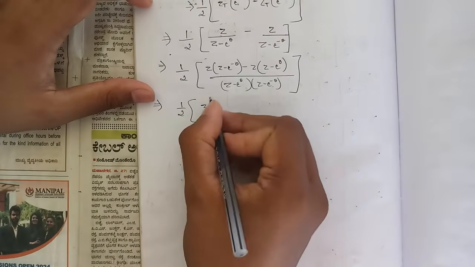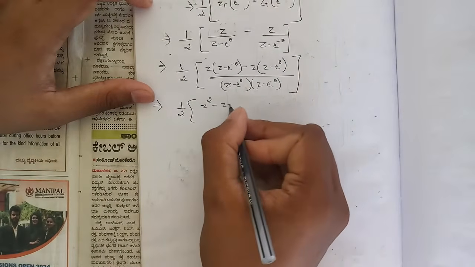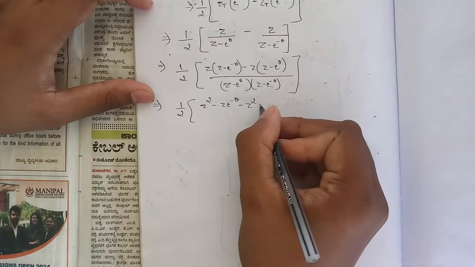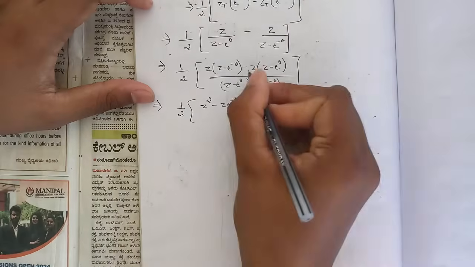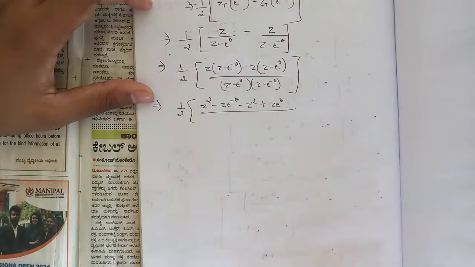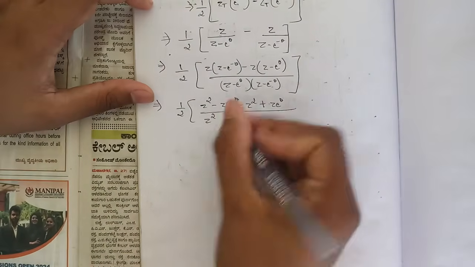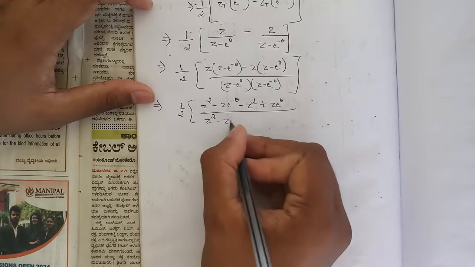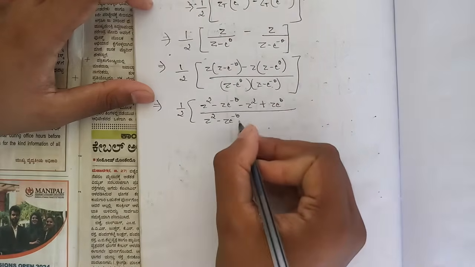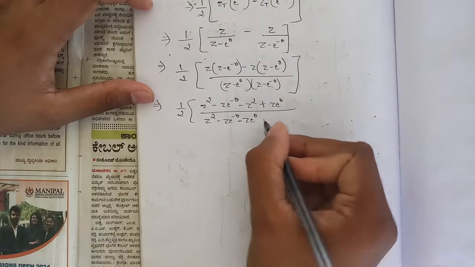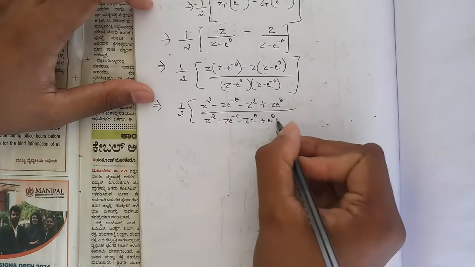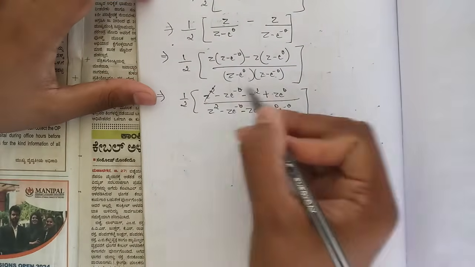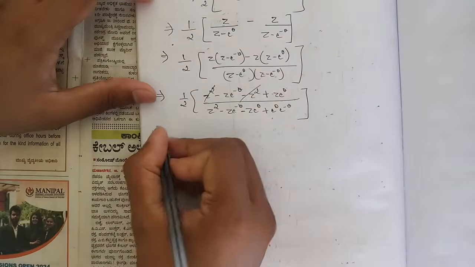Multiply the terms: z square minus z e power minus theta minus z square plus z e power theta, divided by z square minus z e power minus theta minus z e power theta plus 1. So you can see that z square gets cancelled.